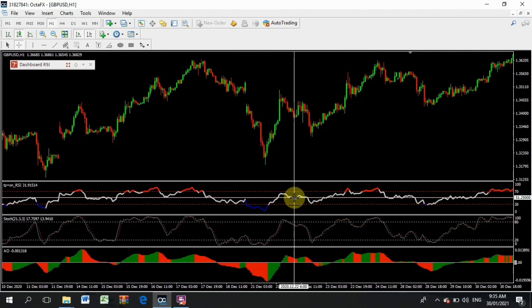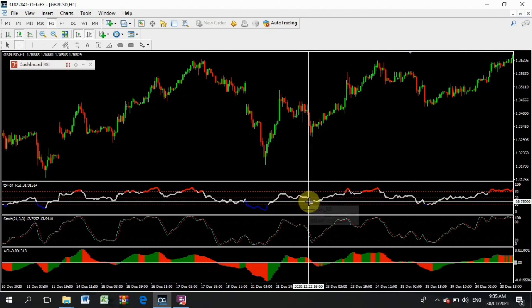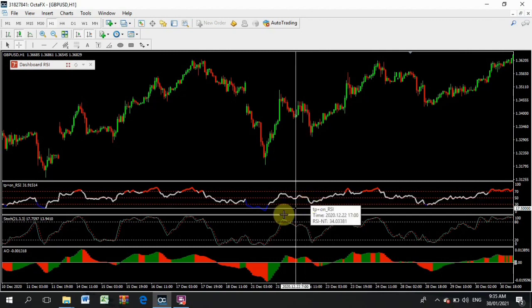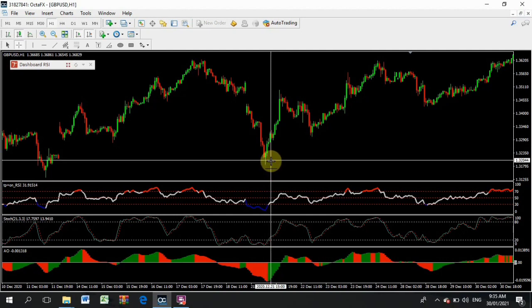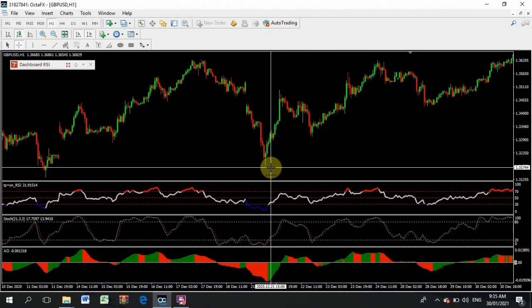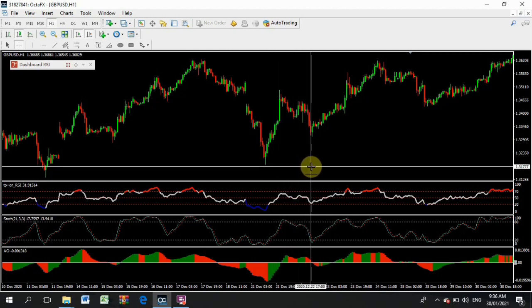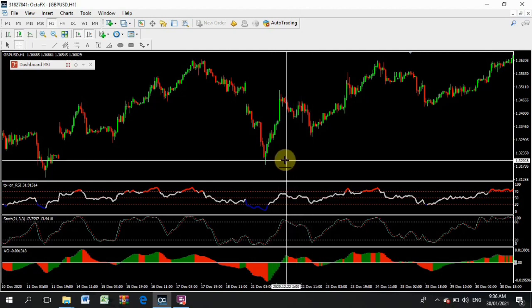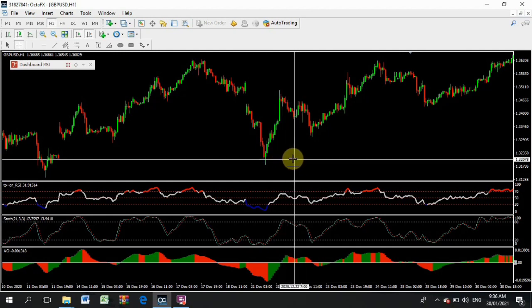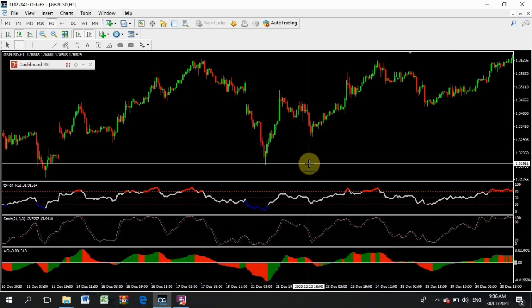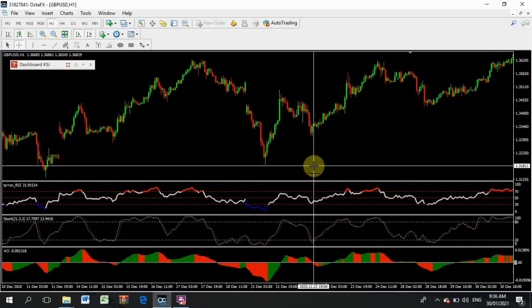So you have to be patient for the market. You can see, though the market reacts, it doesn't touch your stop loss, because if you enter the trade around this area, your stop loss will be around here. You can see whenever your stochastic oscillator is oversold around this area, but your RSI is not oversold, you have to wait.